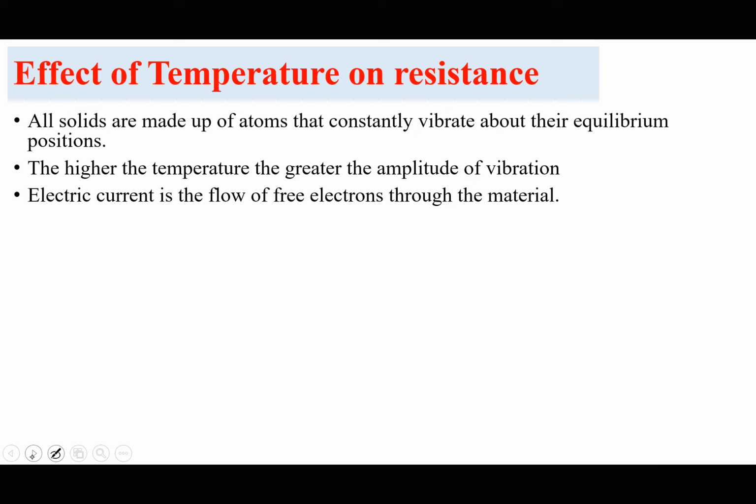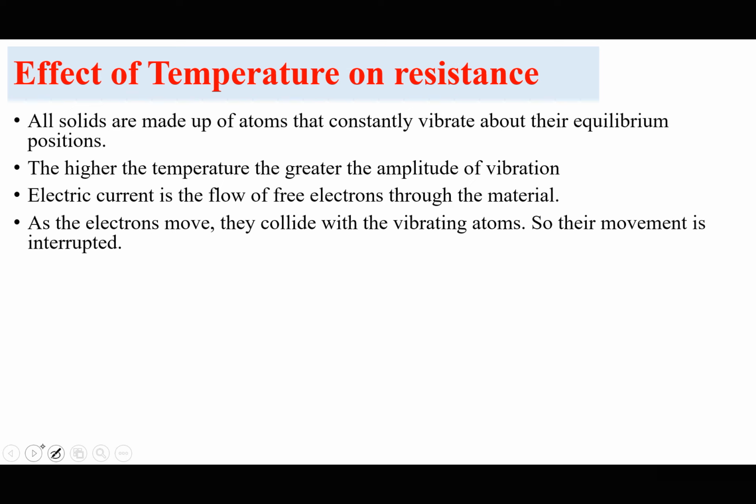But as these electrons are moving through a material, they are going to be colliding with the vibrating atoms. So we already have vibrating atoms in the solid, and we have the free moving electrons in the solid. So it means the free moving electrons are most likely going to collide with the vibrating atoms. What does that mean?